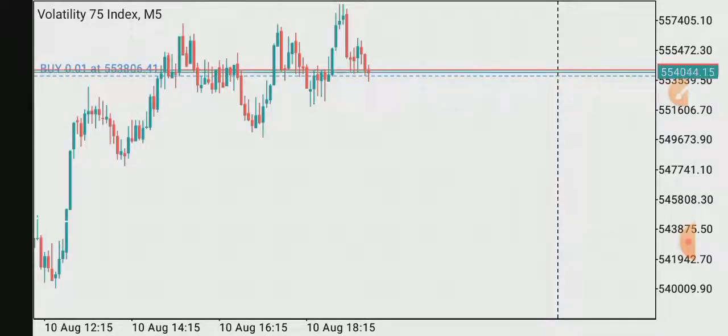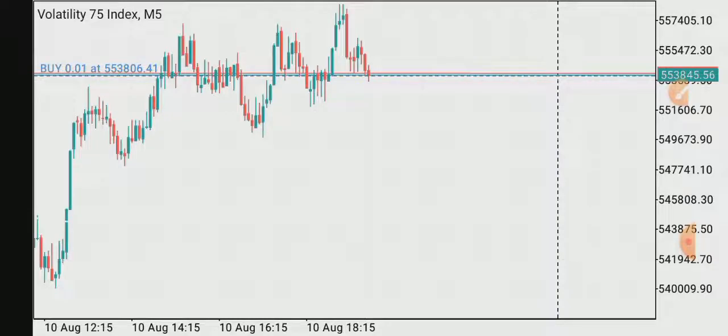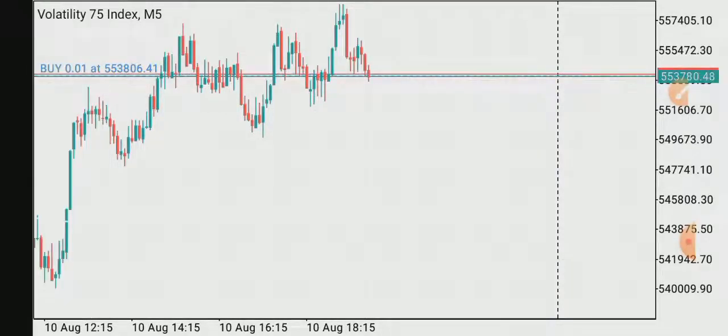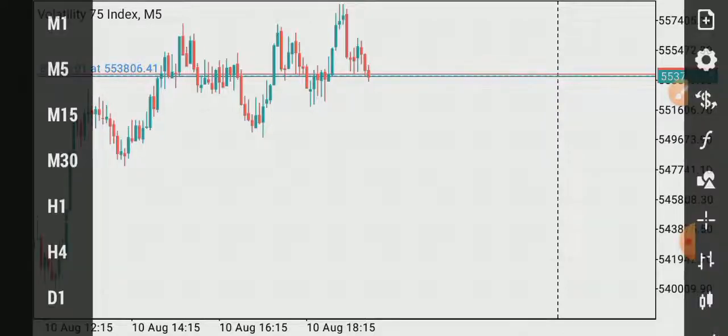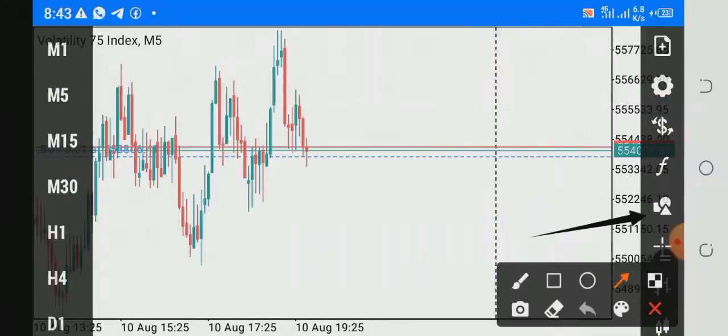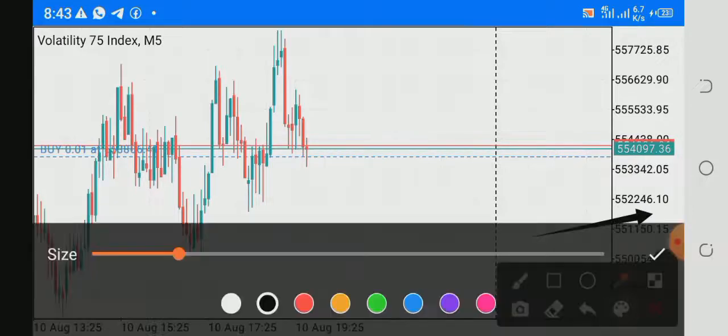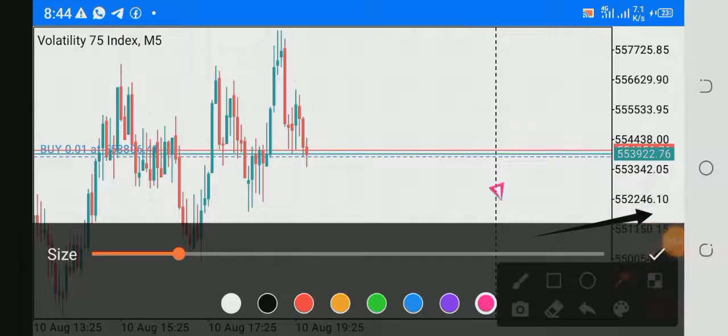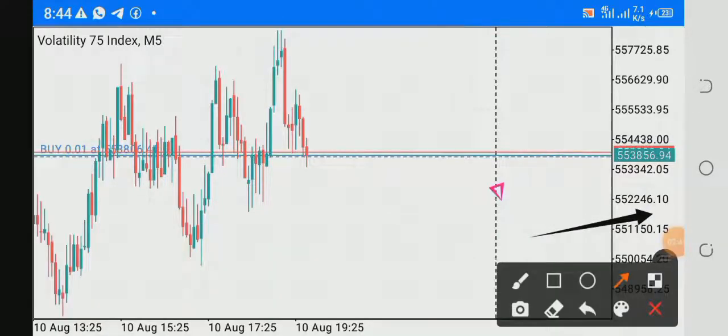So let me first draw my support and resistance to show you why I placed a buy. Now, for you to draw your support and resistance, you can find your line on this icon here. Let me change the color. Let me remove this.